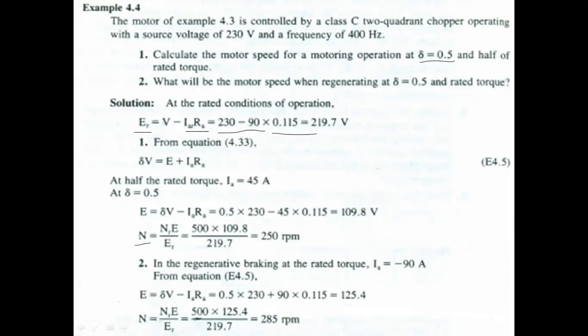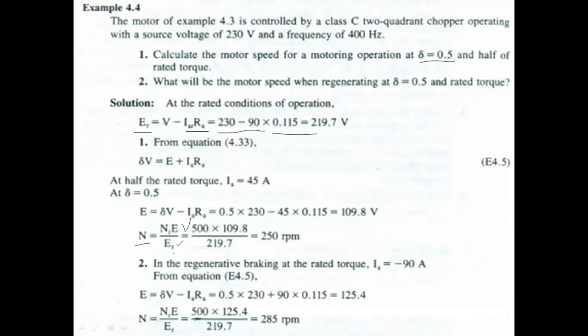So E we have to calculate, and ER we have calculated at rated conditions of operation. NR is given in the question as 500 RPM.